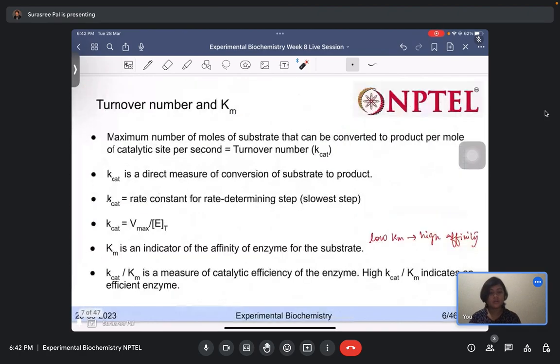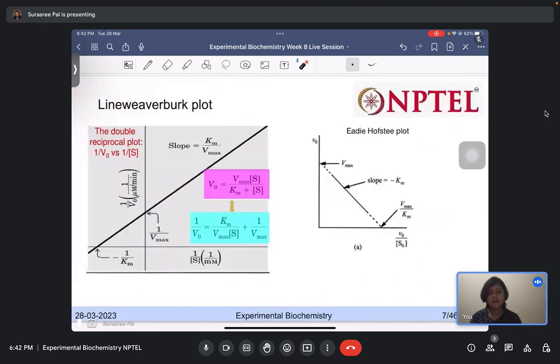So there are several plots which have linearized the classical Michaelis Menten curve, and one of them is the Lineweaver-Burk plot. That is a double reciprocal plot. So why is it a double reciprocal?